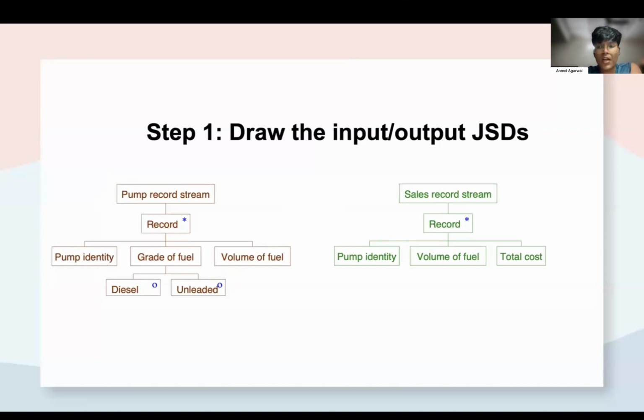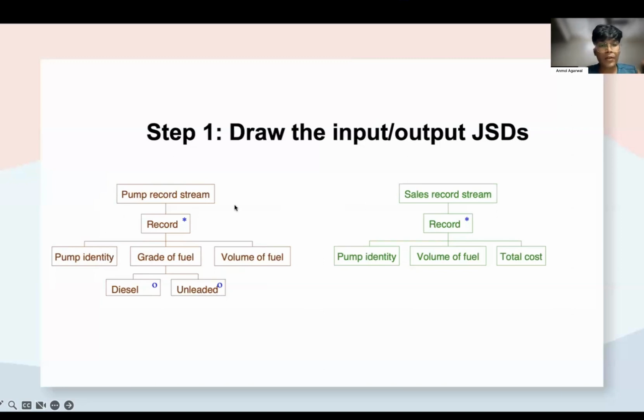So, step 1, draw the basic diagram of JSP, that is, from two sides, from the input side and from the output side. In this case, the single input stream and the single output stream are drawn. The output stream is well defined. Pump record stream: pump identity, grade of fuel, volume of fuel, diesel and unleaded.